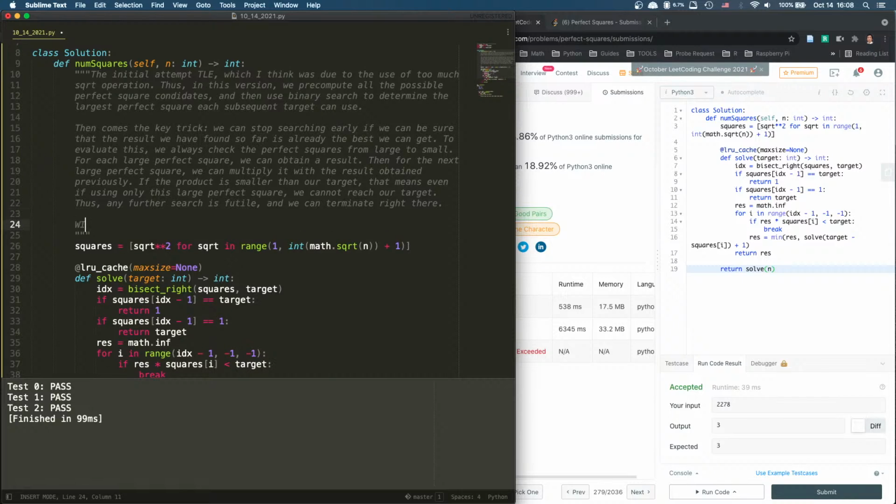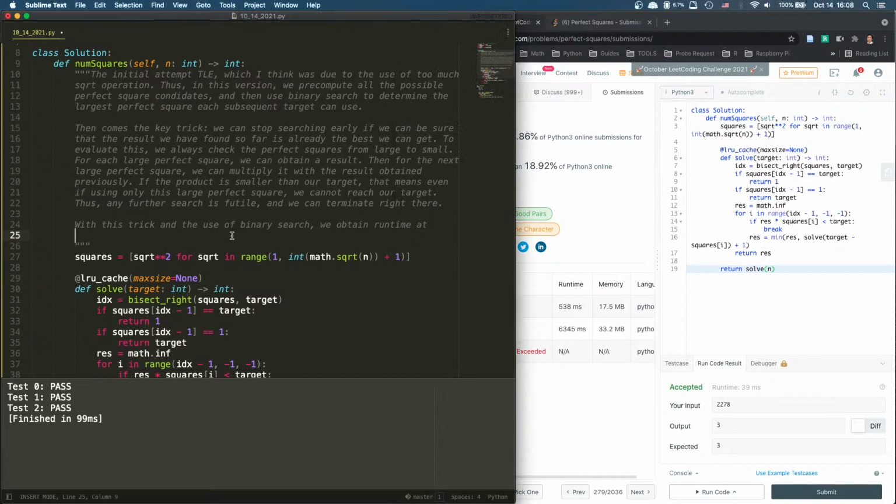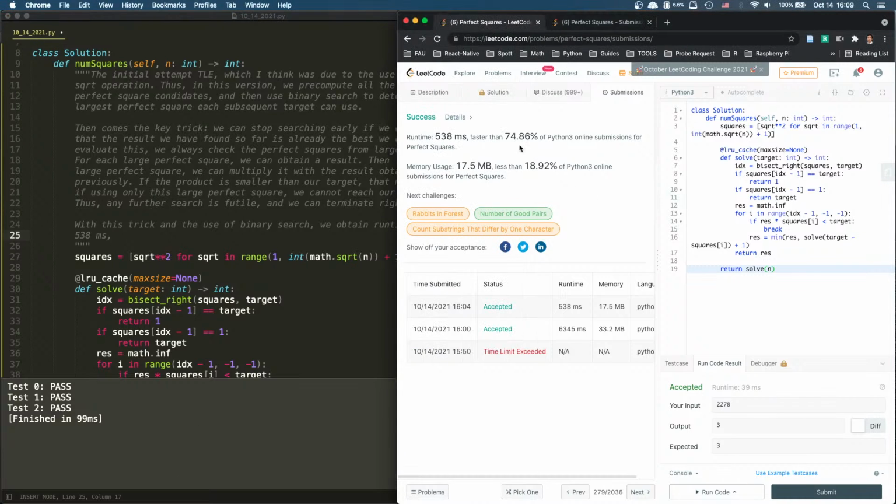With this trick and the use of binary search, we obtain a runtime of 538 milliseconds, or 74% ranking.